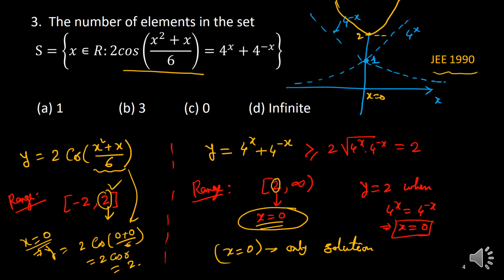So it's a cos curve, it could be like this. I am not drawing exactly, but it could be something of cos form. So they will touch here only, one crossing point. Thus only one solution, and the solution is x equal to 0.